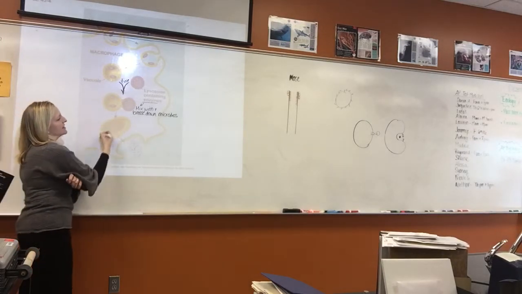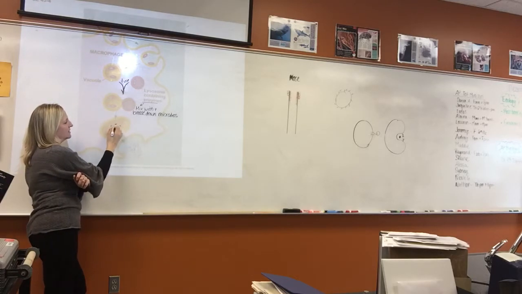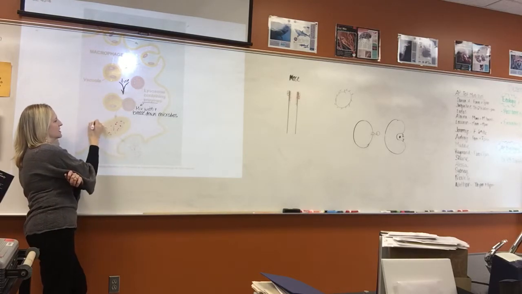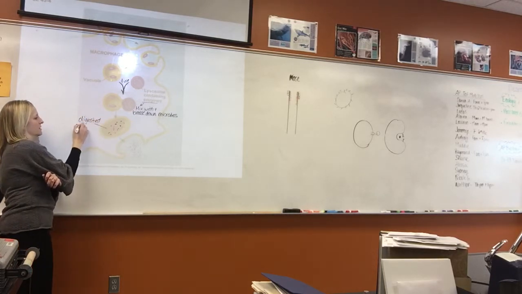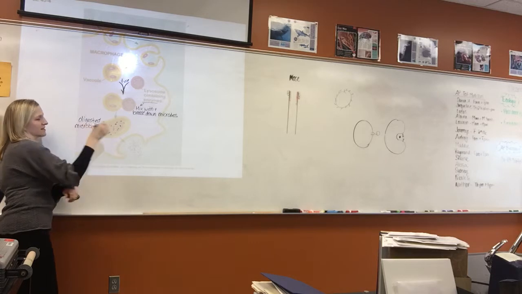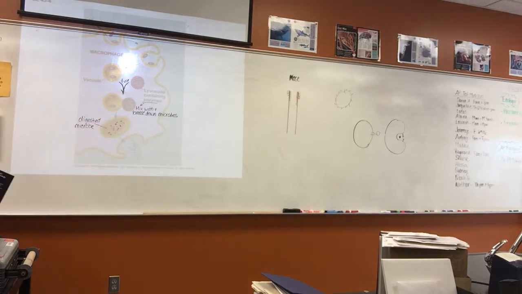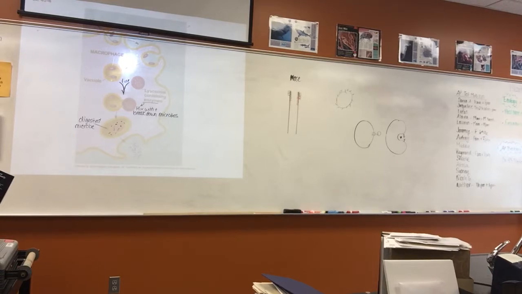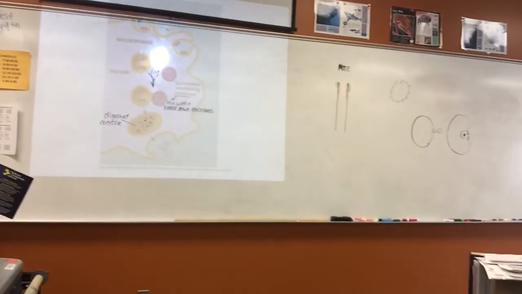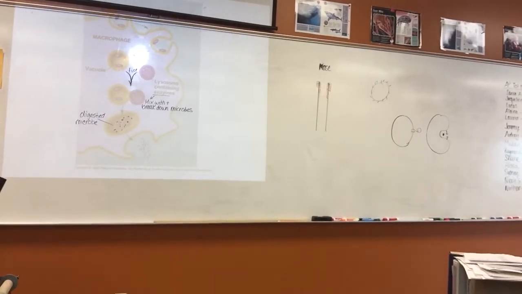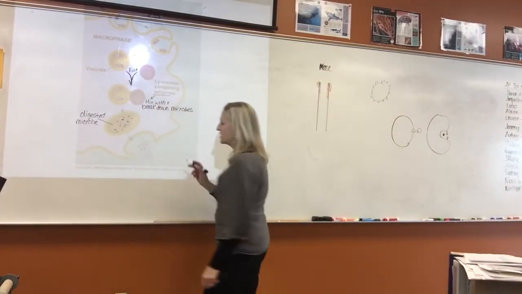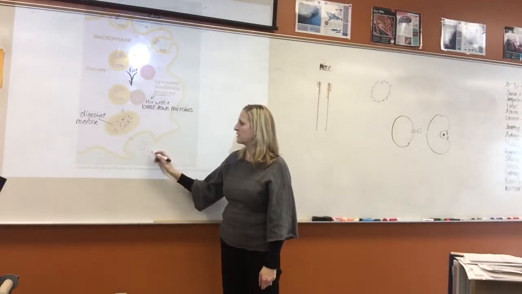Which is what we see in the next cell here. So you see all these little dots? This is your digested microbes. So they're micro pieces, if you will. What does it look like is going to happen next? All the digested microbes are going to be expelled from the cell.